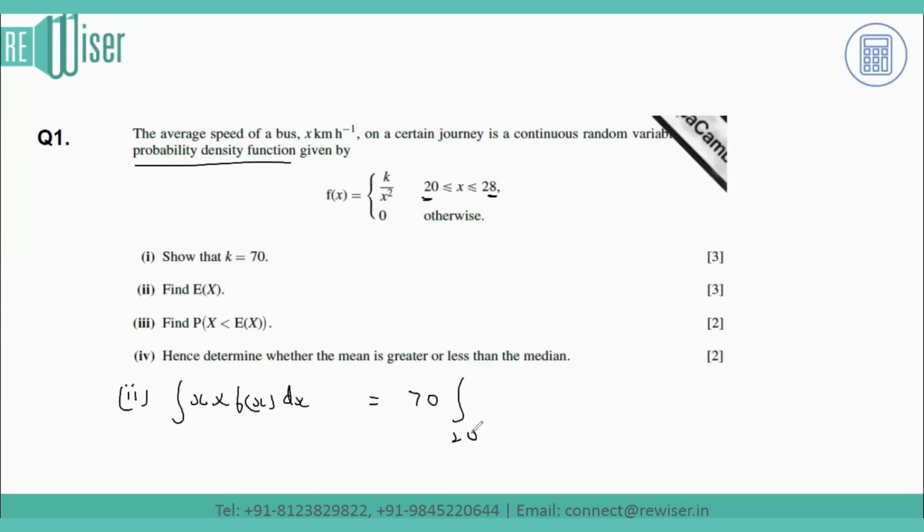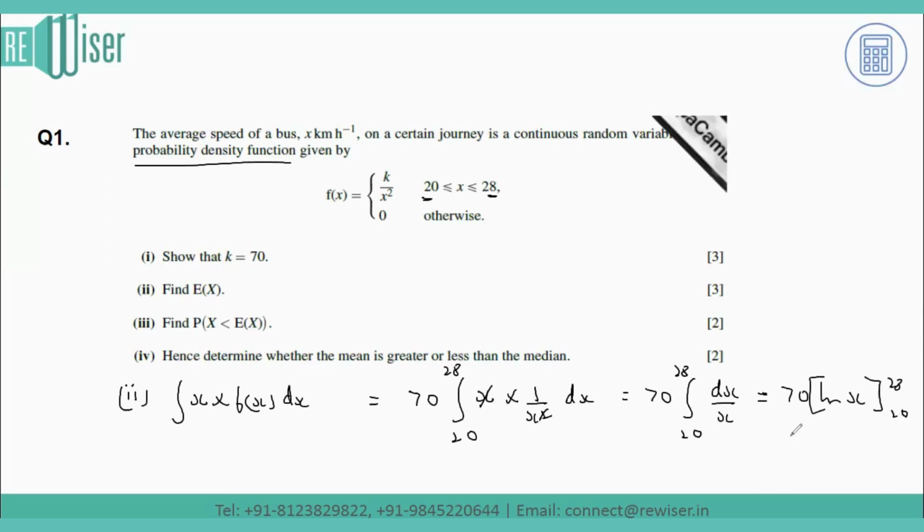The lower limit will be 20, the upper limit will be 28, and x into f(x) is 1 by x squared dx. We can see that one of the x gets cancelled. So we are left with 70 times the integral from 20 to 28 of dx by x. If we apply the integration formula, that should be ln x ranging from 20 to 28.